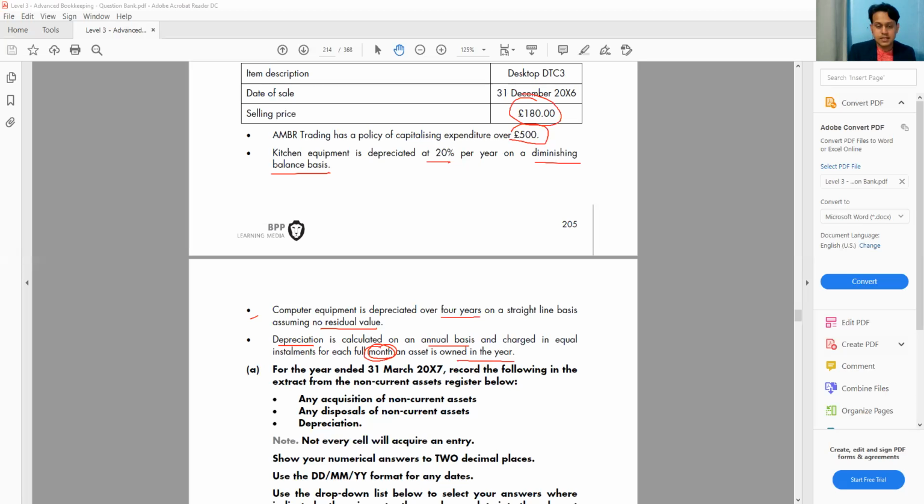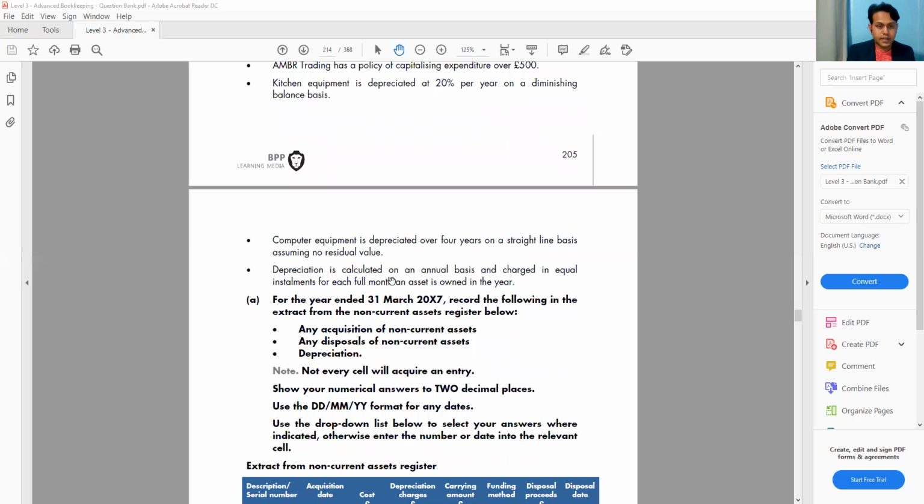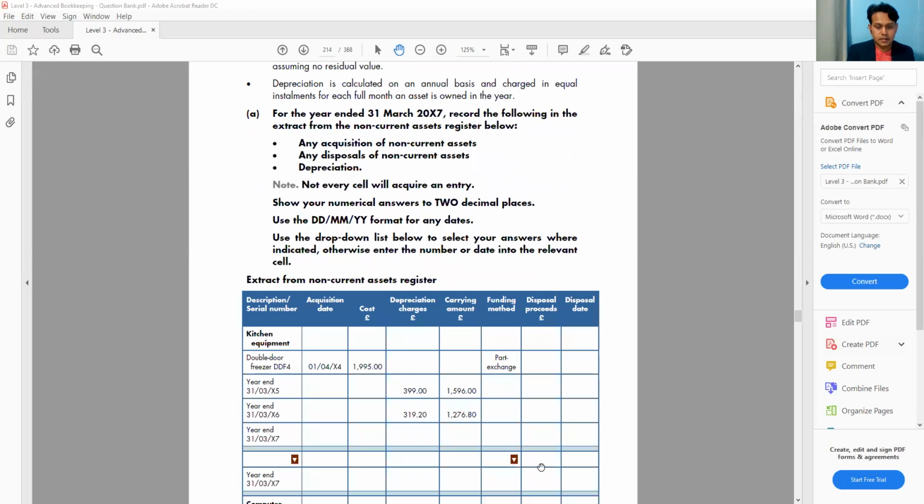All right, so let's see what else information we have. More information here is that this is for the year ended 31st March. So this is our year ending date, 31st of March 2007. Record the following in the extract from the non-current asset register below.